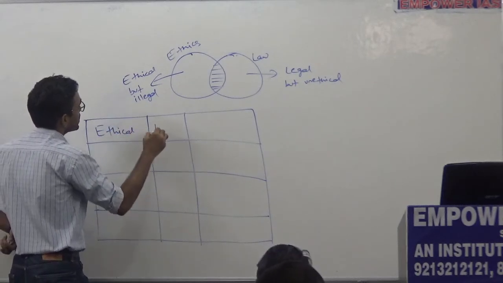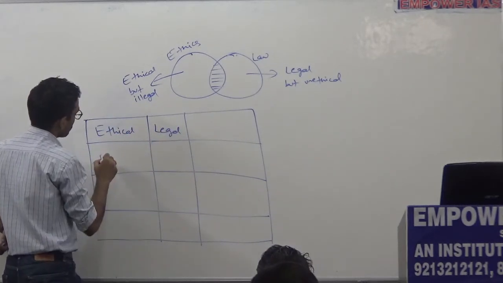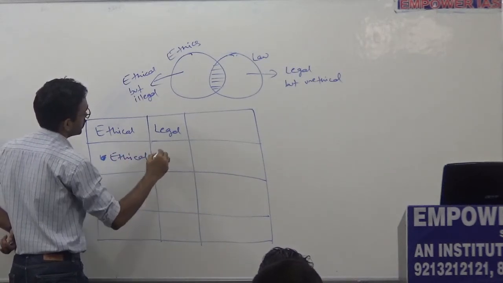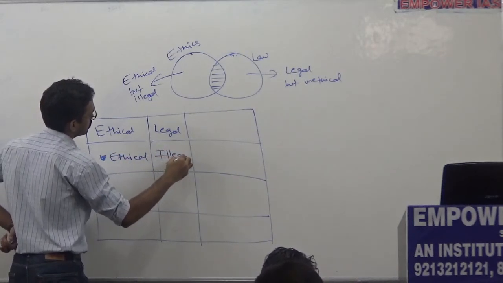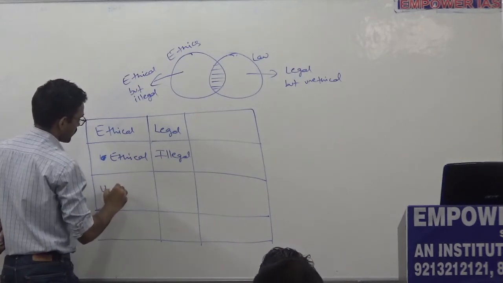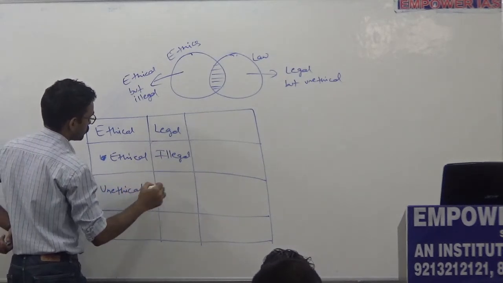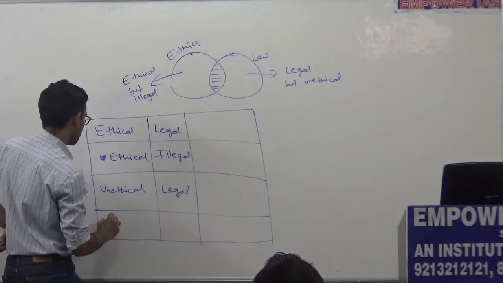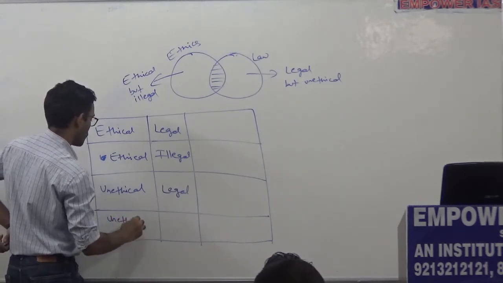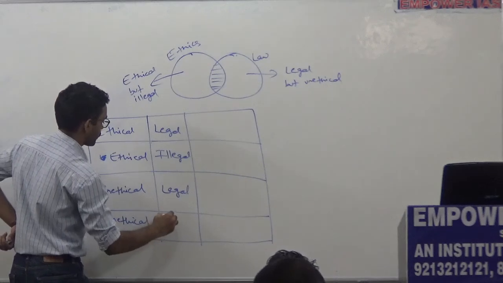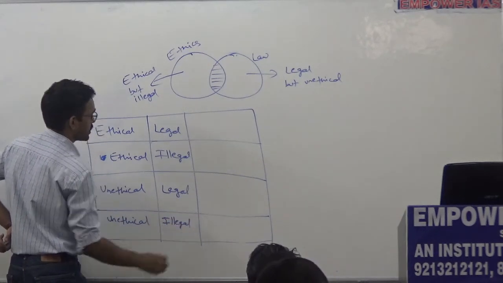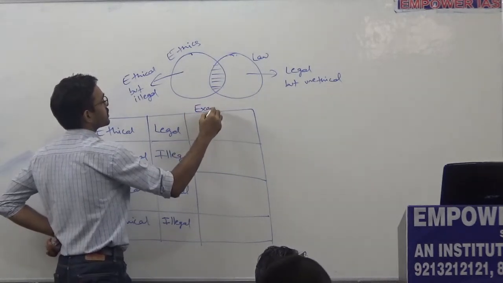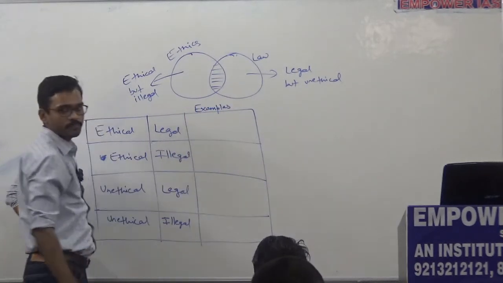We can have ethical legal, ethical illegal, unethical legal, and unethical illegal. These four combinations are possible, and we have to give examples for each of these combinations.